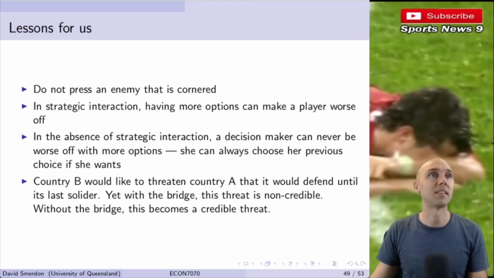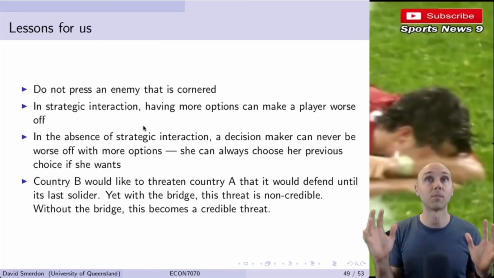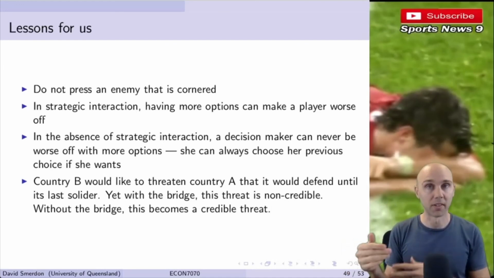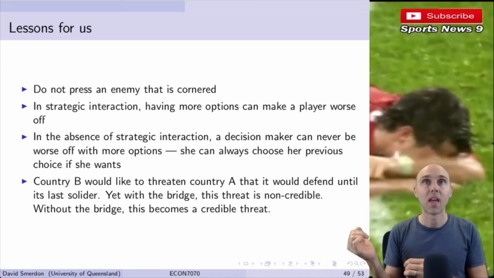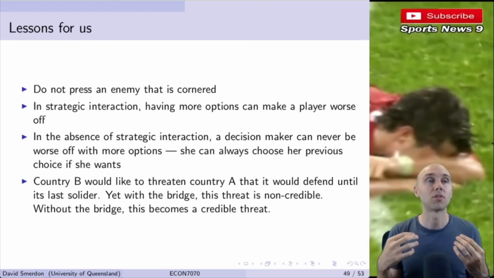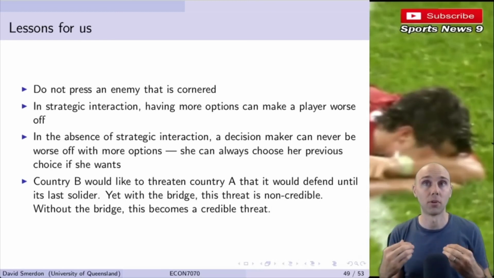So what that means is that even though in normal choice theory, the consumer theory of microeconomics, having more choices always makes you weakly better off, because you can always ignore those extra choices, in a game of strategic interaction, having more choices can actually be worse for you.